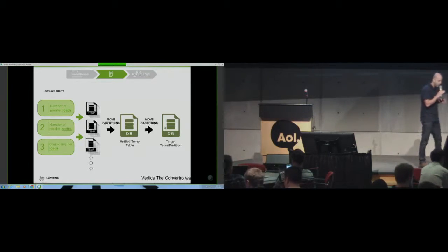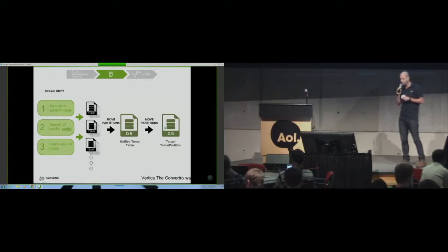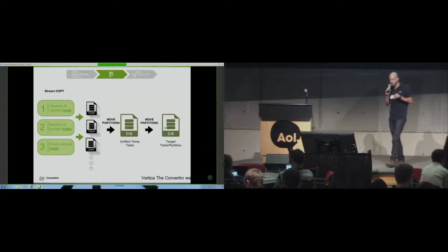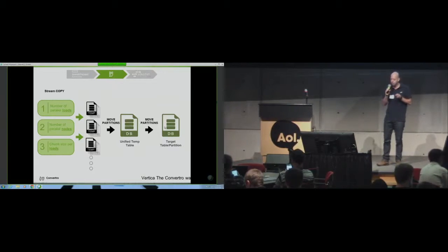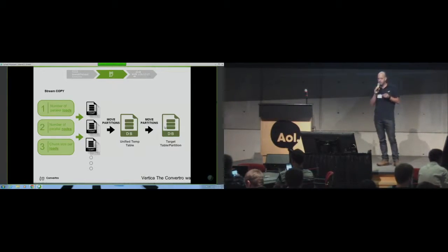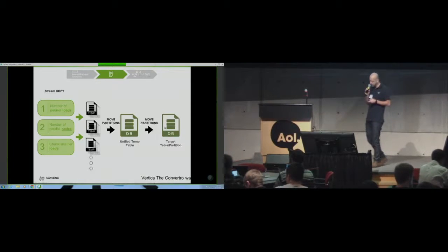And on top of it, we can decide how big each chunk will be in size, like a gigabyte, or in terms of number of rows. So we can scale up or down based on our business needs or based on some client priority. And on the right side, it's a serial operation. We are doing some move partition, but it's very fast. So this is how we load to Vertica.